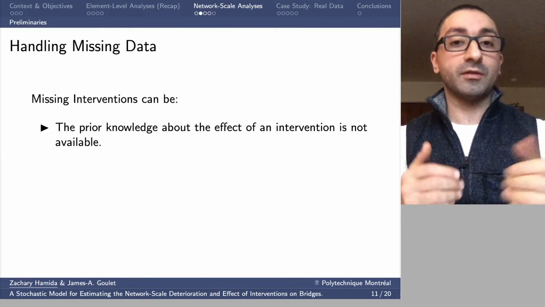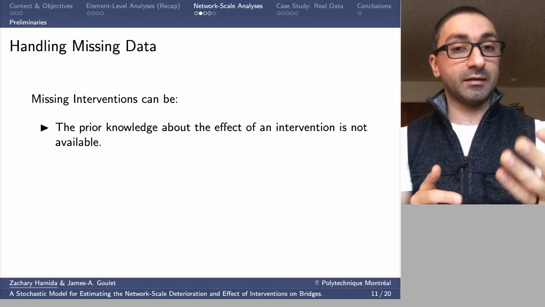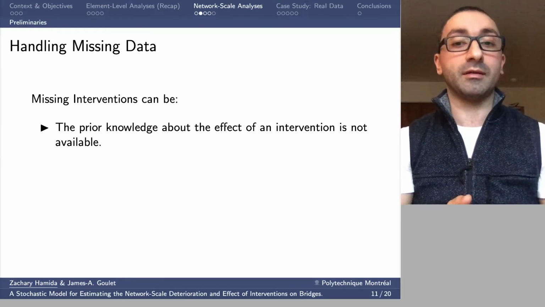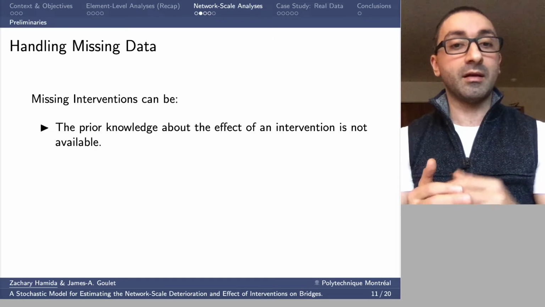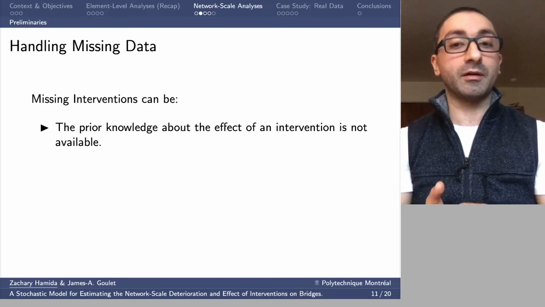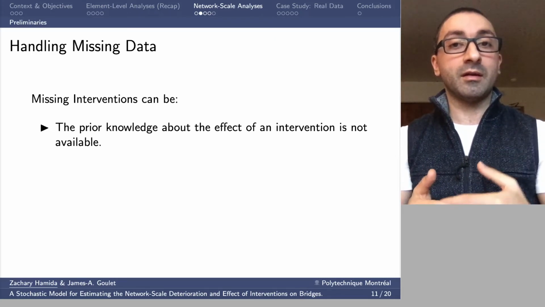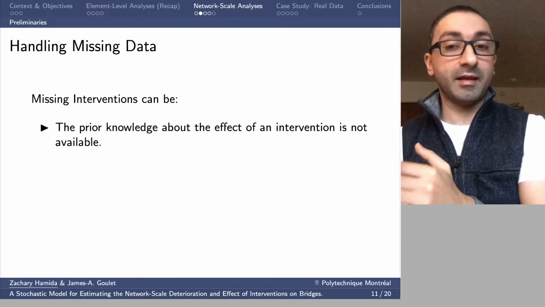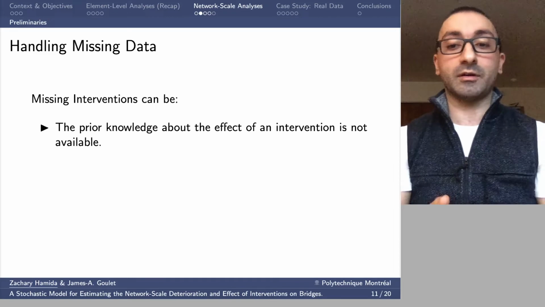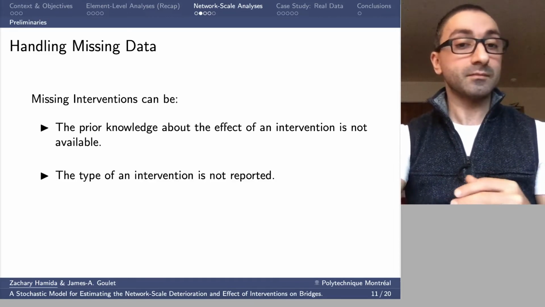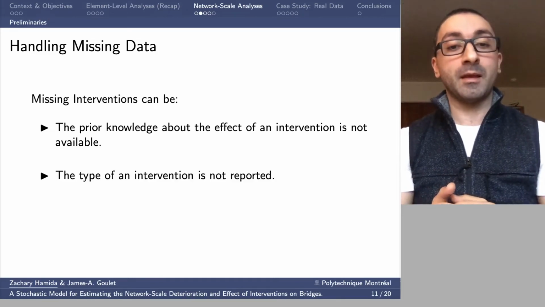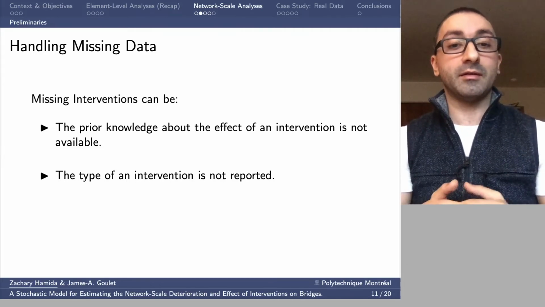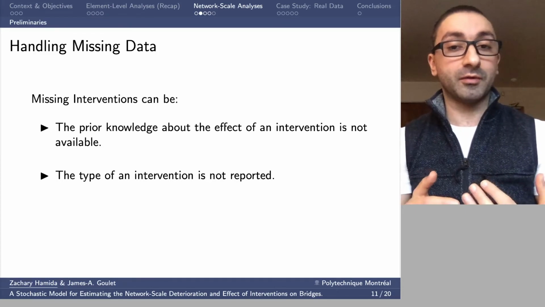Further explanation can be given, but the point here is that dealing with this issue is not that complicated. We can replace the unknown prior knowledge with the expectation of the same type of interventions on other structural elements. So that's possible. The other missing intervention information is when the type of intervention is not reported.